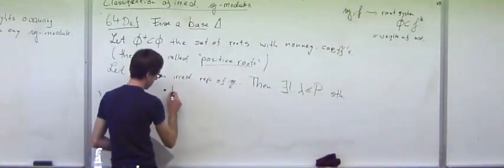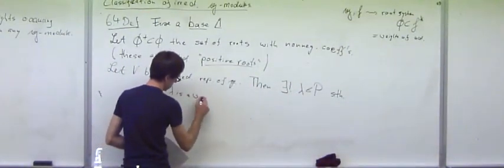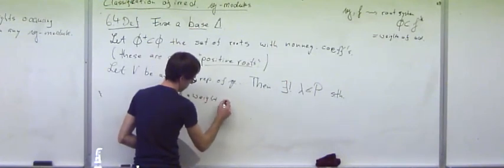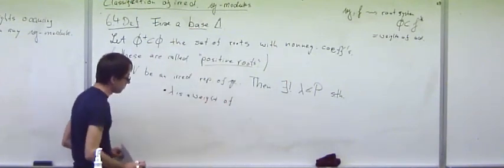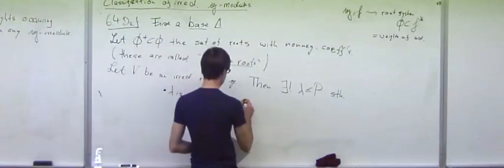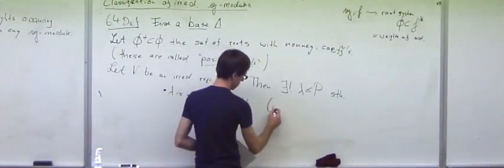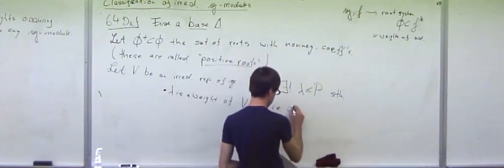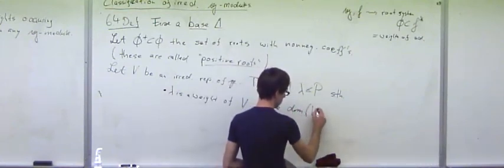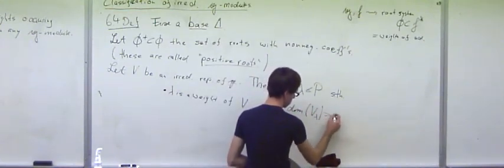First one, lambda is a weight of V. Again, that means just by definition, the dimension of V_lambda is positive.